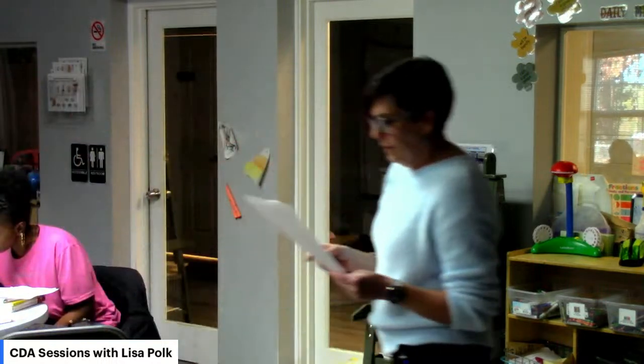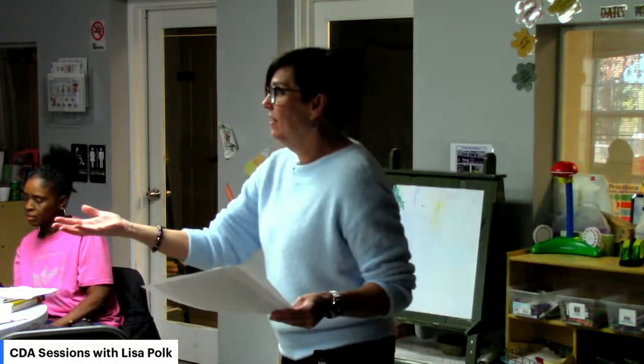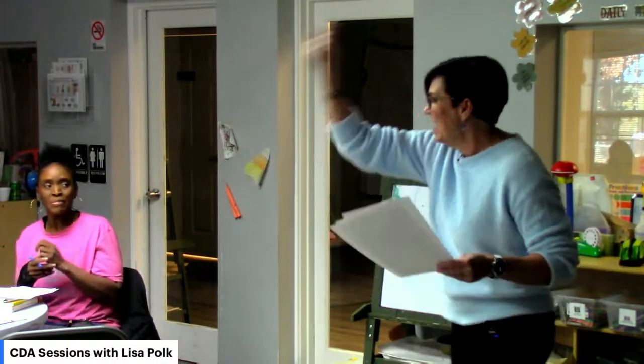Sits on the potty, but nothing happens, continues to be wet or BM. Emerging. Yes. Because they're just showing interest, right? Verbalizes colors and numbers, but can't recognize them. Developing, because they can verbalize it, but they can't recognize it.